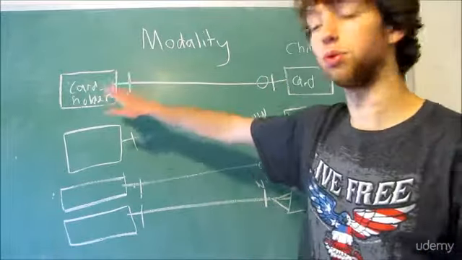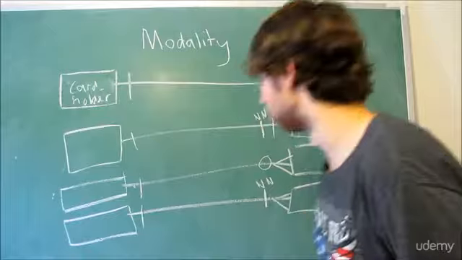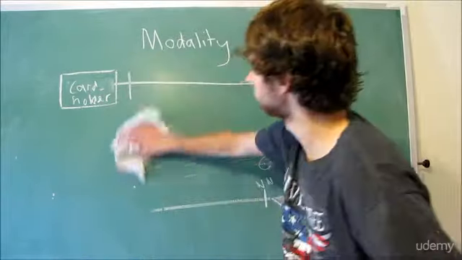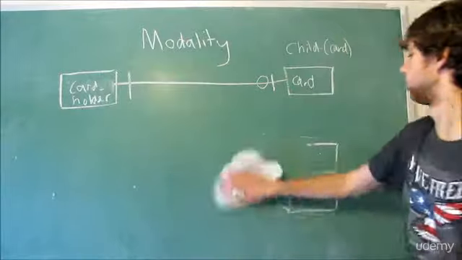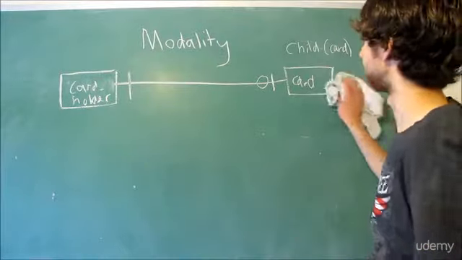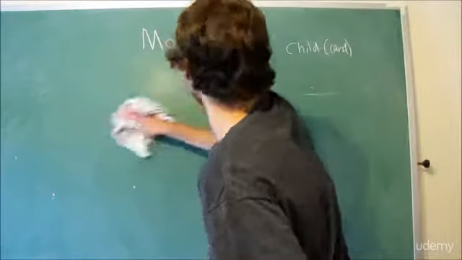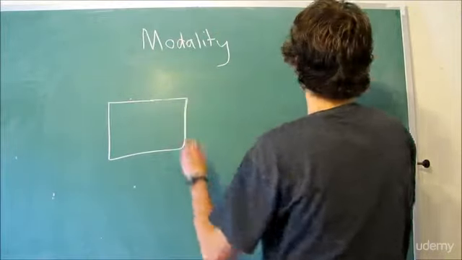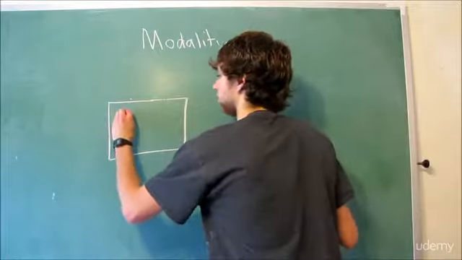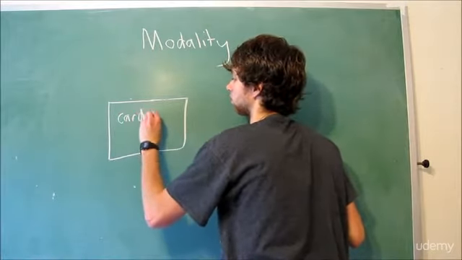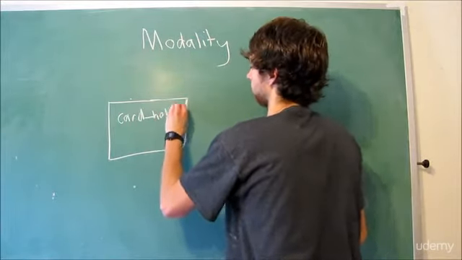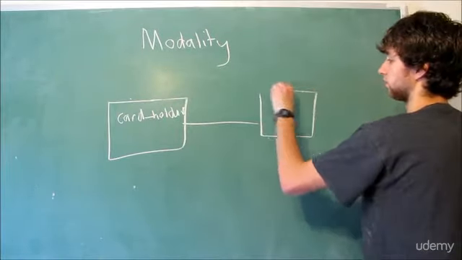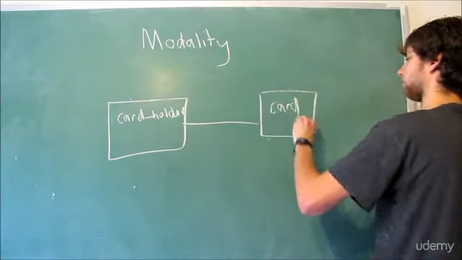So in this example, let's just focus on the top one just to make it easier. We would draw this within our database application. We would say we have the table card holder, and then that has some kind of relationship with the table card.